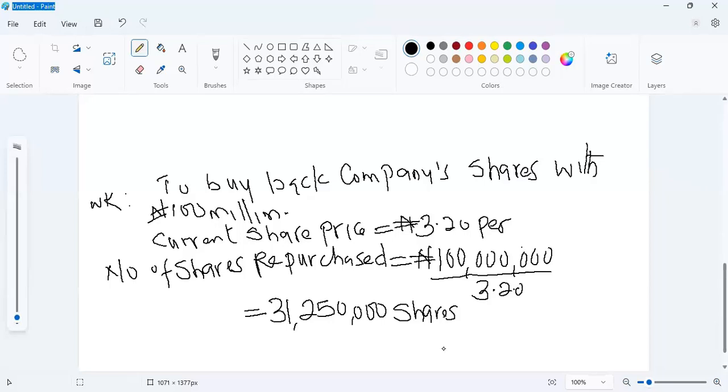Accountants. Yes, sir. If you issue a share for premium, you are going to separate the nominal value from the premium amount.